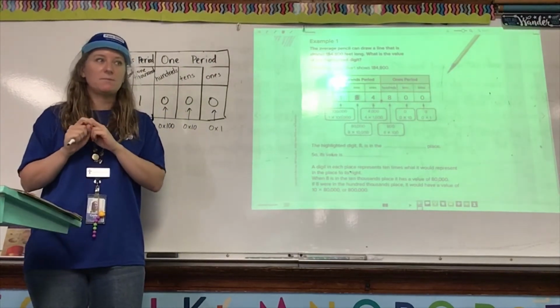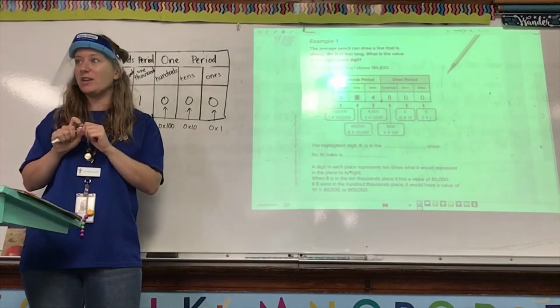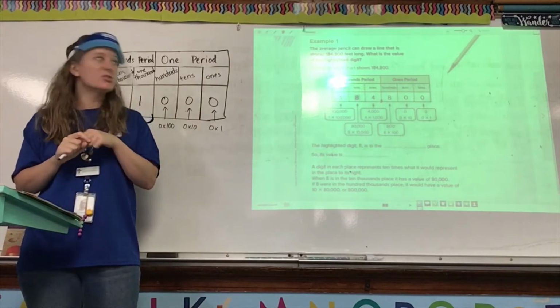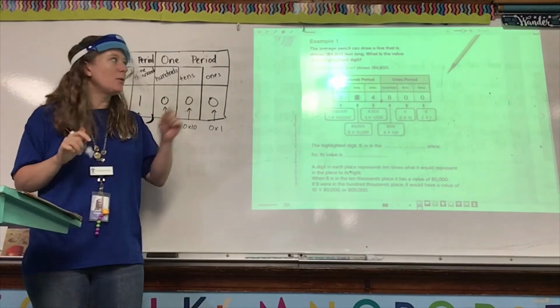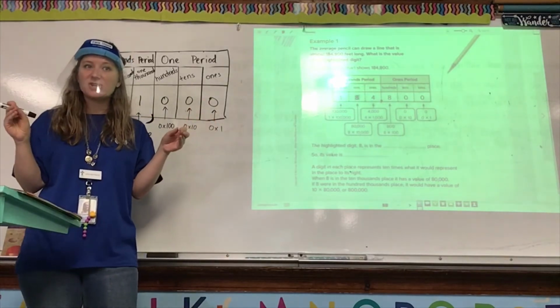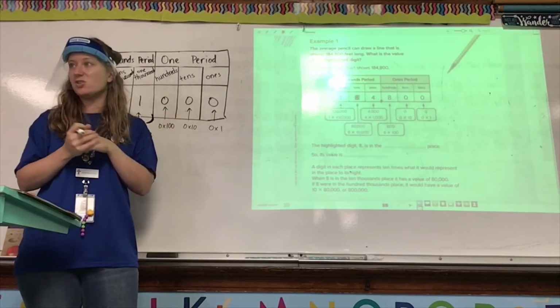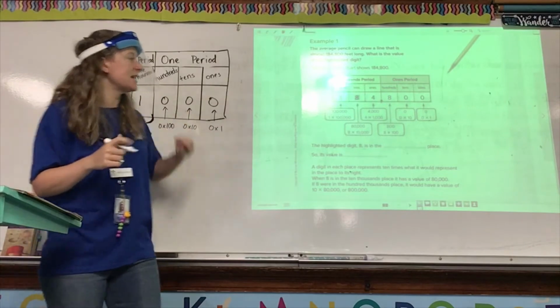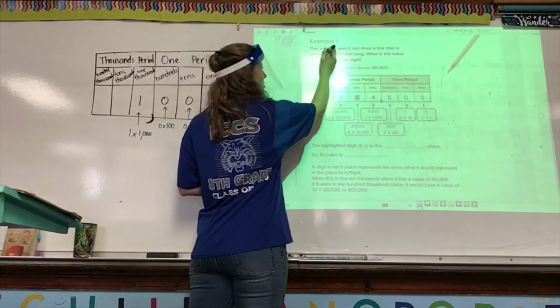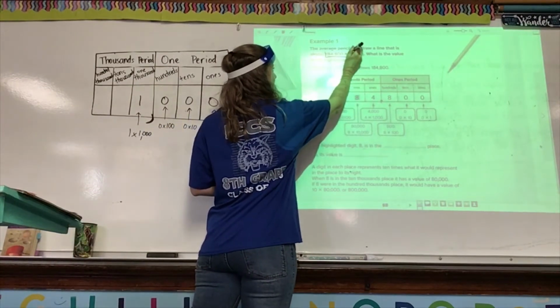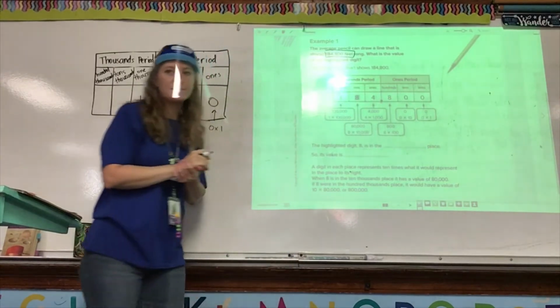Anytime we do word problems, we go through and we box the important information, we underline the question, and then we circle any words that might help us find the answer. So in this case, my important information is 184,800 feet.